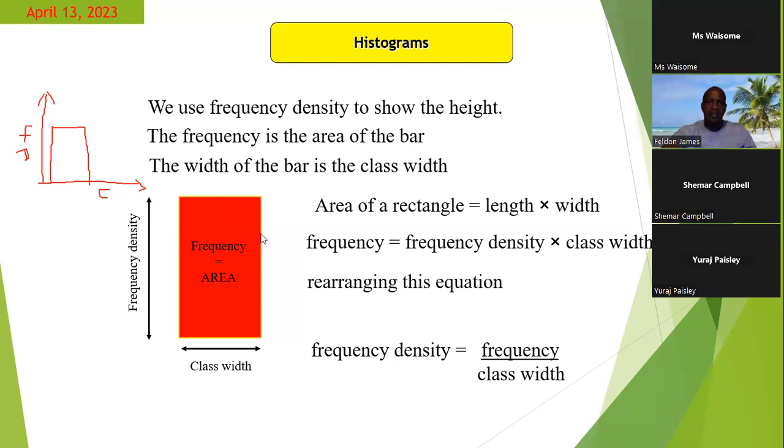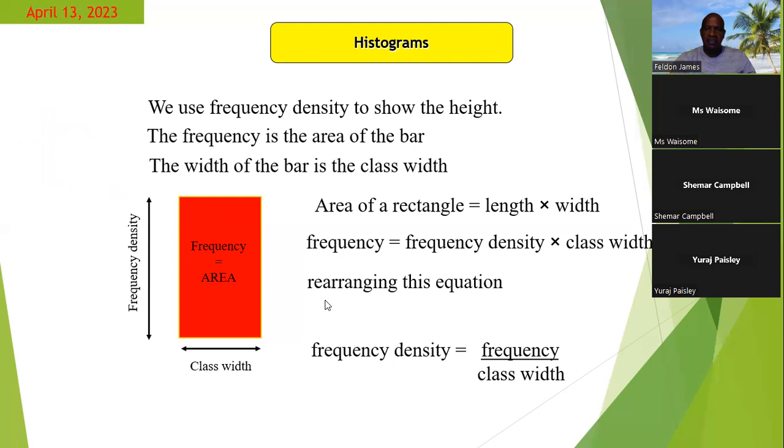All right, let us go through and see what it is saying. So the frequency density, which is the area of the rectangle, can be denoted by the frequency divided by the class width.